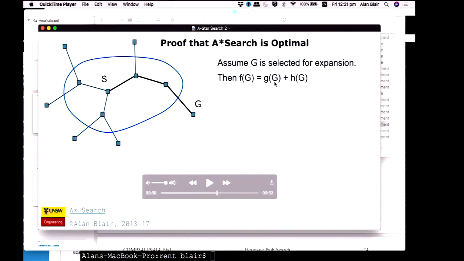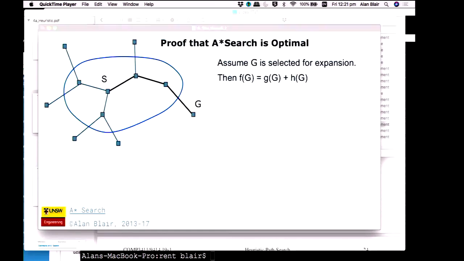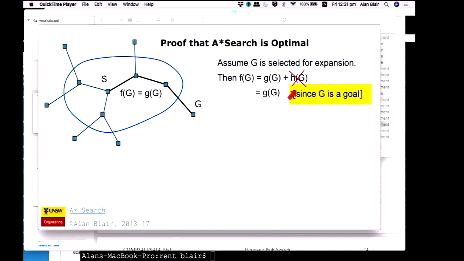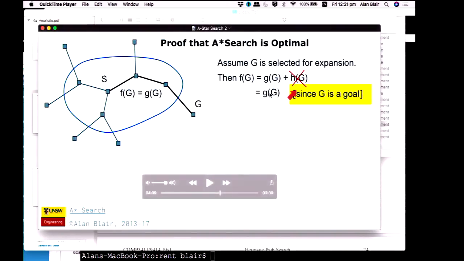I'm sorry about the little g and the big G, but this term here is the actual path from S to G. This here is meant to be the heuristic function of G, the estimate of the distance to G. The true distance from G to G is 0, and h of g has to be less than or equal to that, so h of g must be equal to 0. So f of g must be equal to just the actual path length.